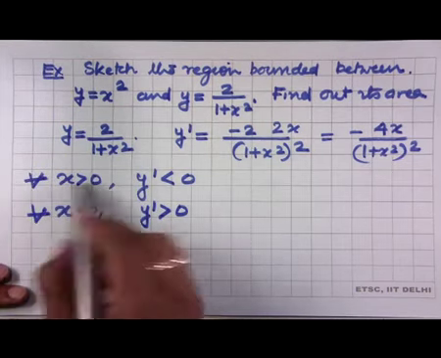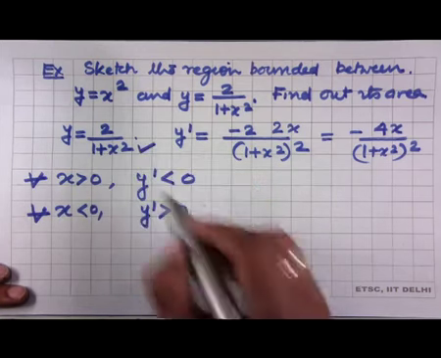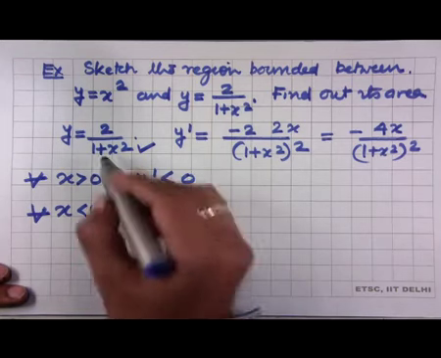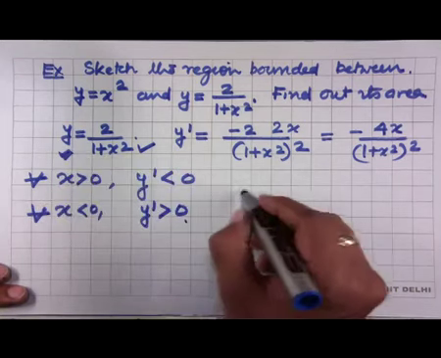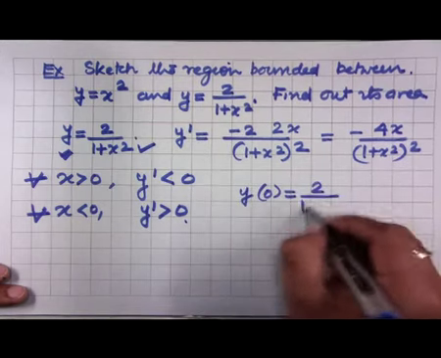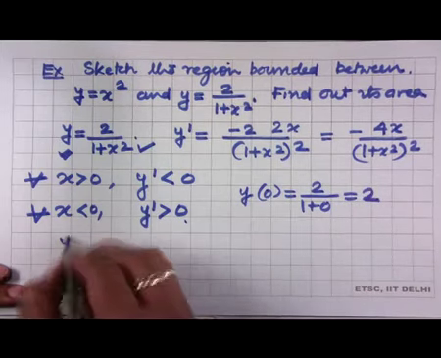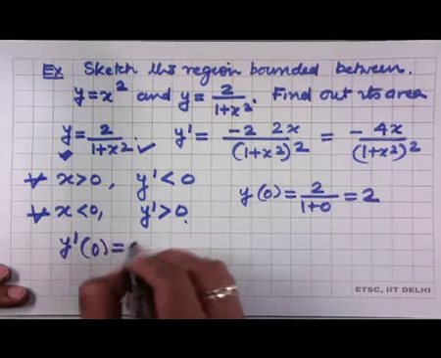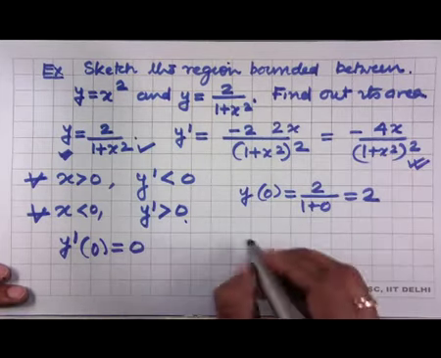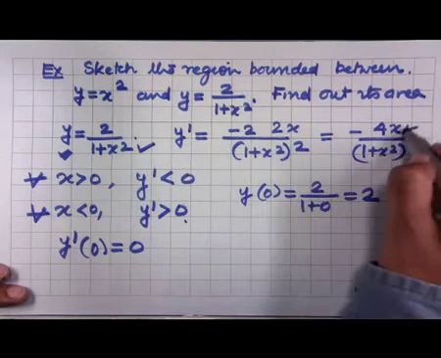So, when x is positive, y dash is less than 0, so this is decreasing. When x is negative, y dash is positive, so this curve is increasing. At 0, the function value is 2 upon 1 plus 0, so 2. And y prime at 0 is 0, which is clear from here.